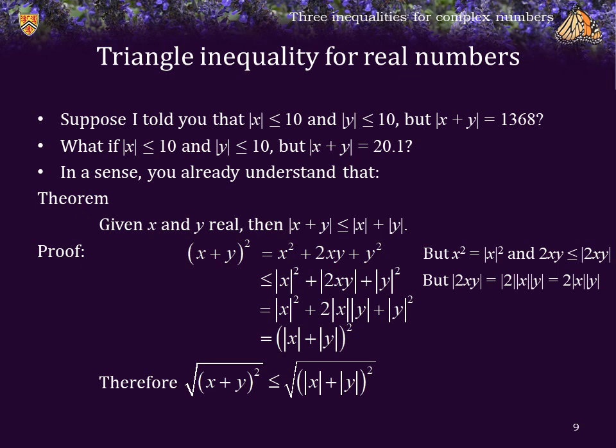But the absolute value of x plus the absolute value of y is already positive, so I can leave that as is. So because the sum of the absolute values is greater than or equal to 0, it follows that the absolute value of x plus y is less than or equal to the absolute value of x plus the absolute value of y. Okay, nice.